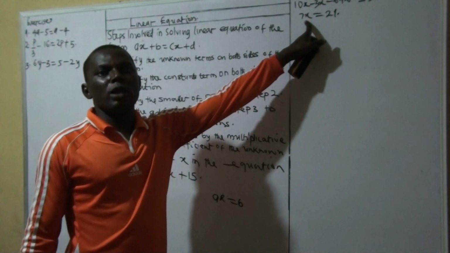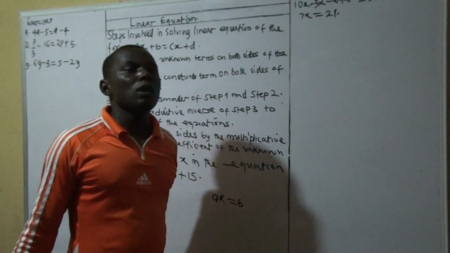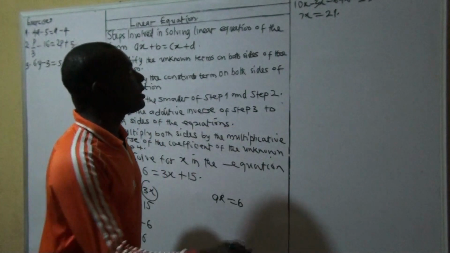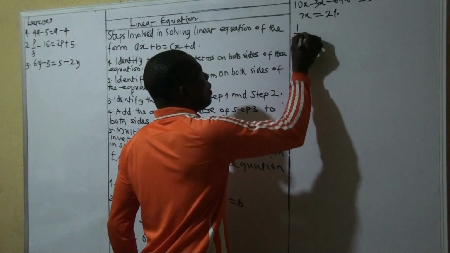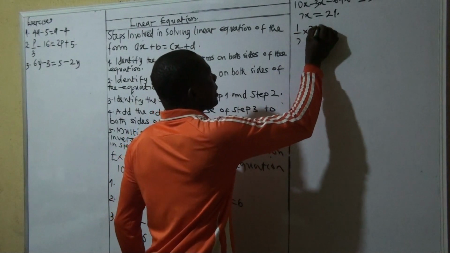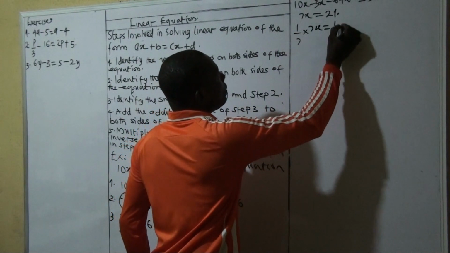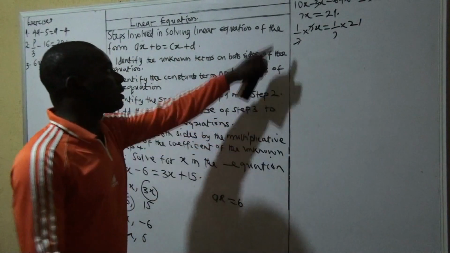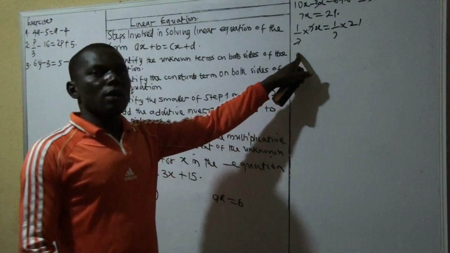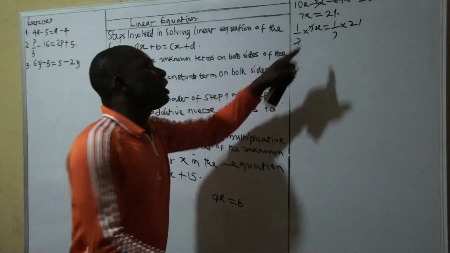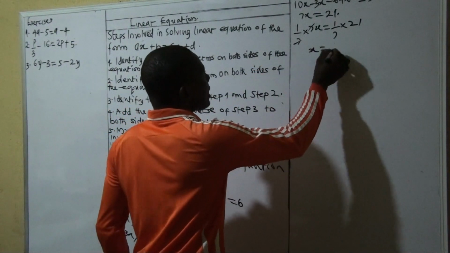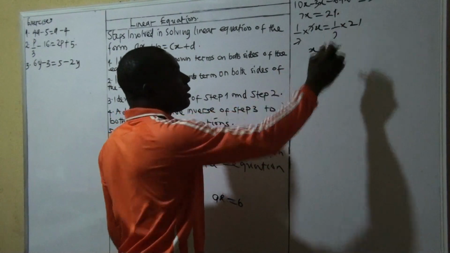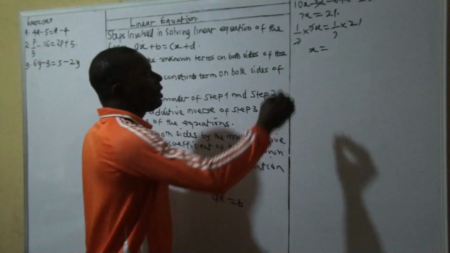Now let's look for the multiplicative inverse of 7. The multiplicative inverse of 7, that is the reciprocal of 7, is 1 over 7. So 1 over 7 times 7x is equal to 1 over 7 times 21. The 7 goes off with 7, and we're left with x. 21 divided by 7 gives 3.